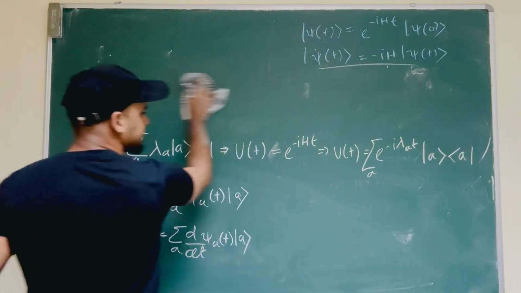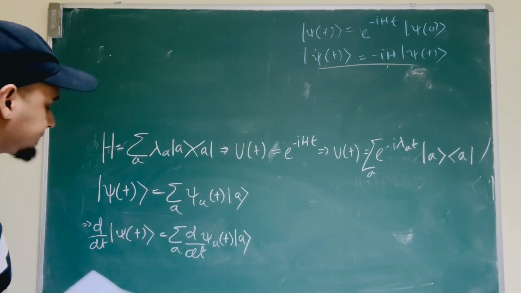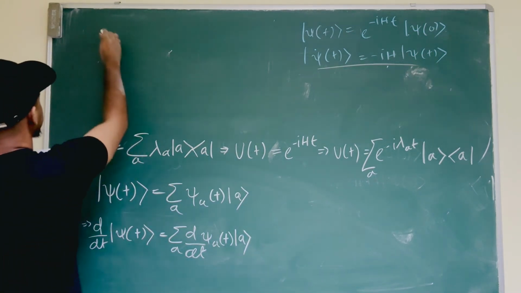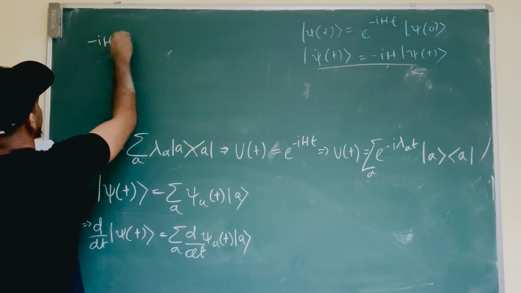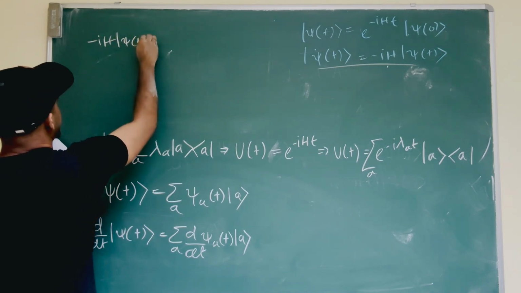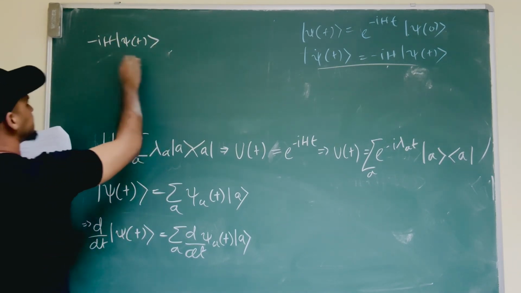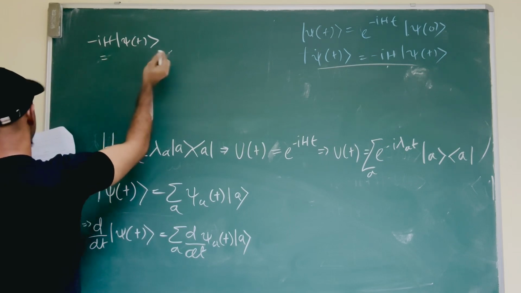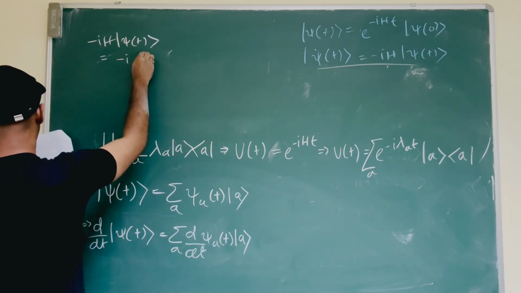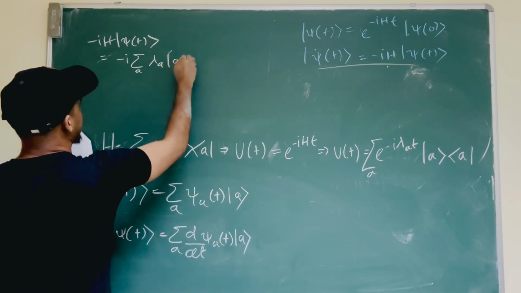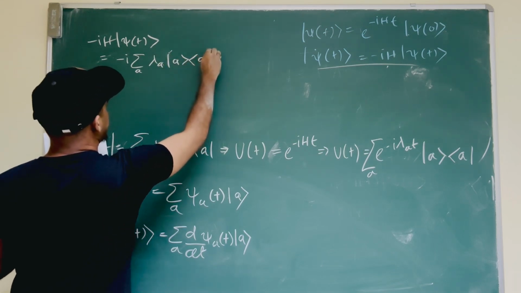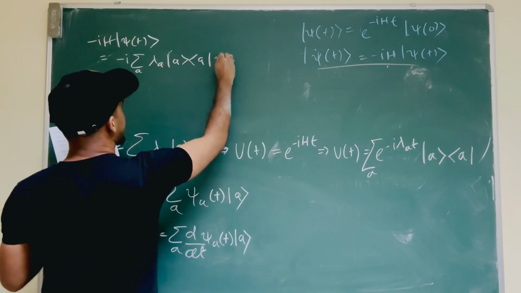So minus iH psi t is equal to, if we do the spectral decomposition, the summation over A of lambda A |A> = ^ in psi t.